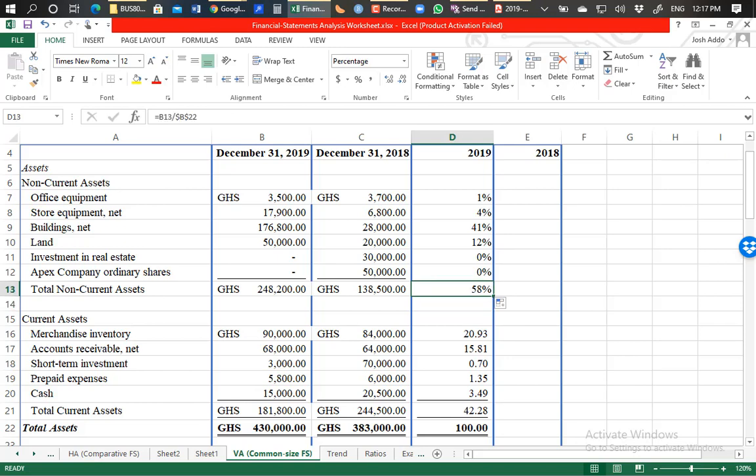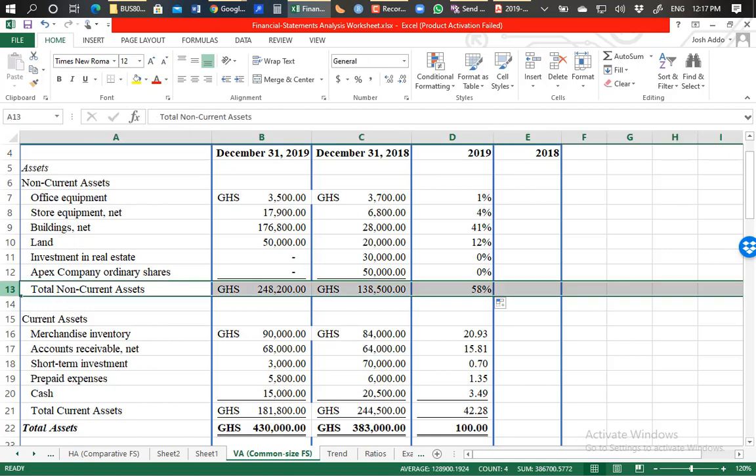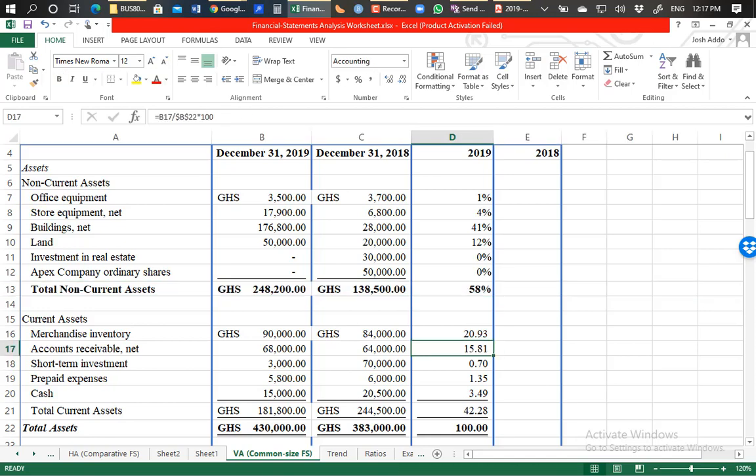Total non-current assets is approximately 58% of our total assets. I can extend the formula down here. It will complete the rest. Only that it will bring these ones here, then I can clear them.